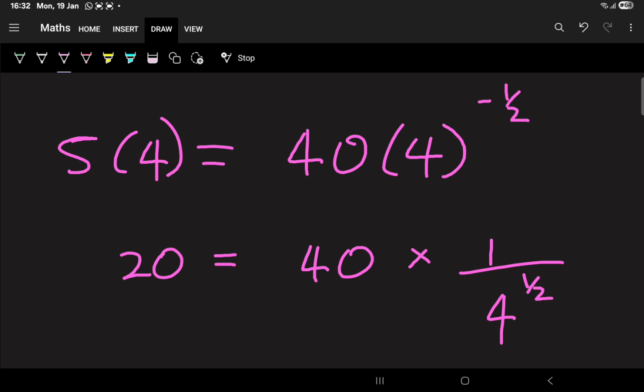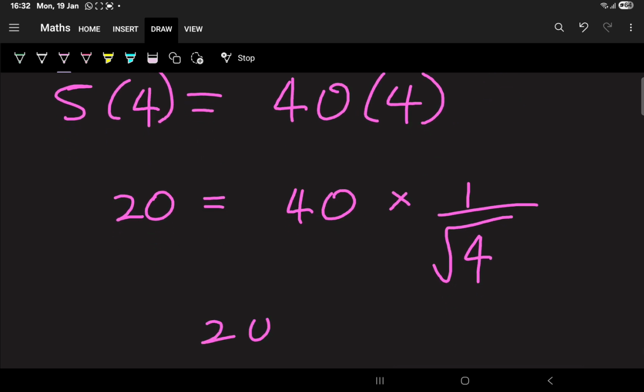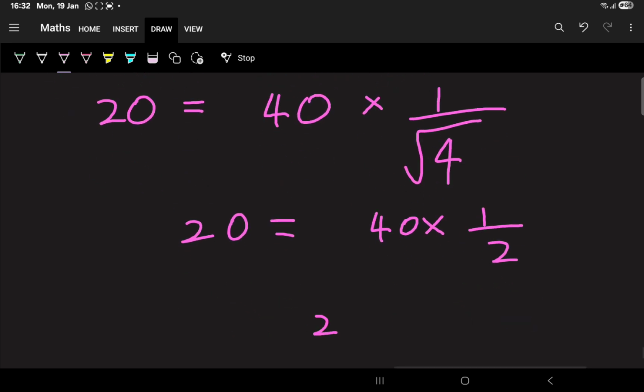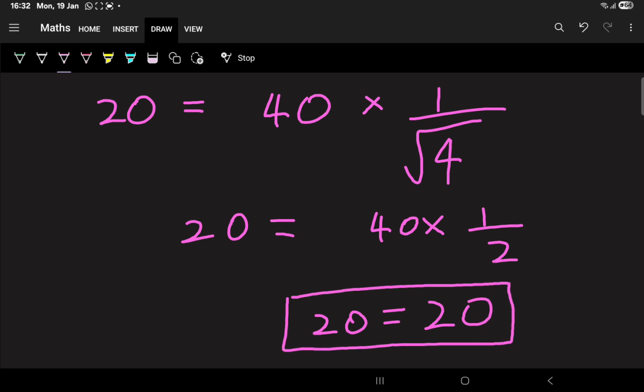Now this 4 to the half power, it simply means I'm taking the square root of 4. So this is 20 equals 40 times 1 over square root of 4 is 2. So 20 equals 20. Now my left hand side equals my right hand side, so I know I am correct.